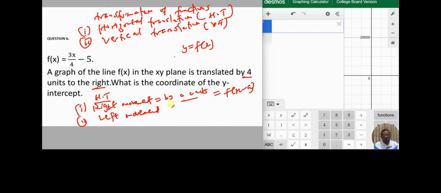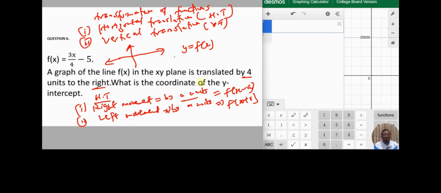If a function is translated to the left by a units, what I have is f of x plus a. Please take note of that. The a is the number of units it was moved. So I can move the graph to the right or to the left, that's horizontal, or I move the graph up or down.